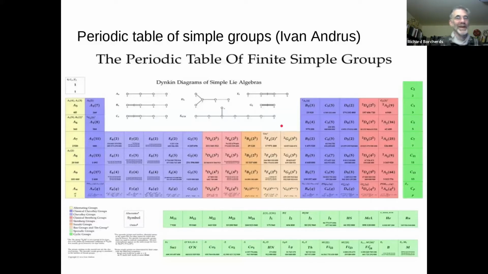This is just a meaningless coincidence. I mean, the groups are arranged like this just as a joke. There's no real significance to it. So this is a sort of picture of all the finite simple groups.